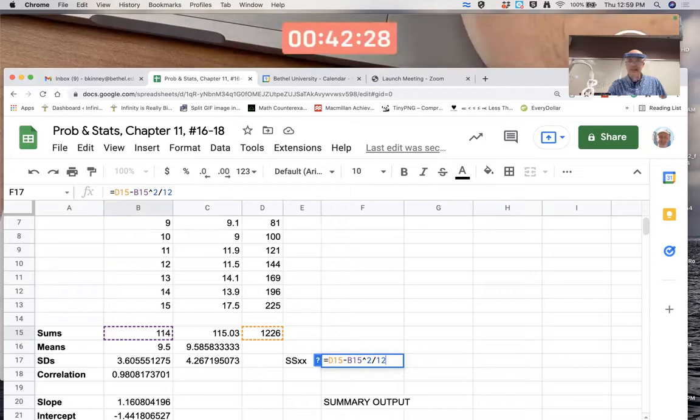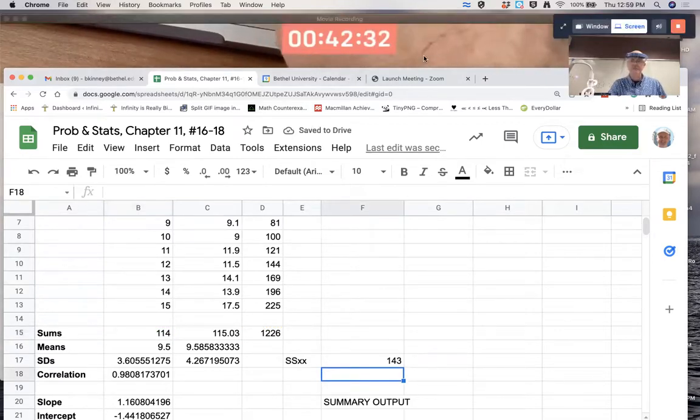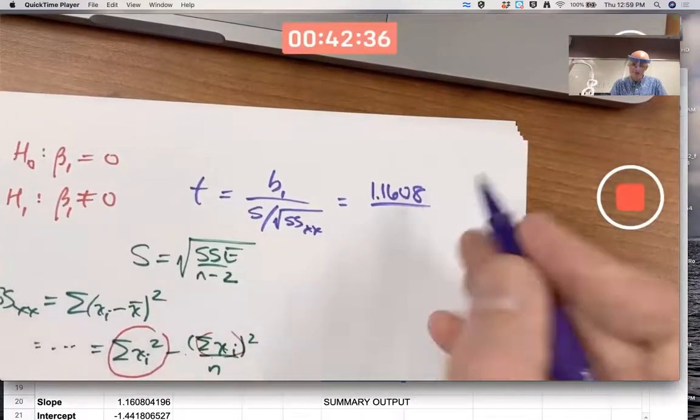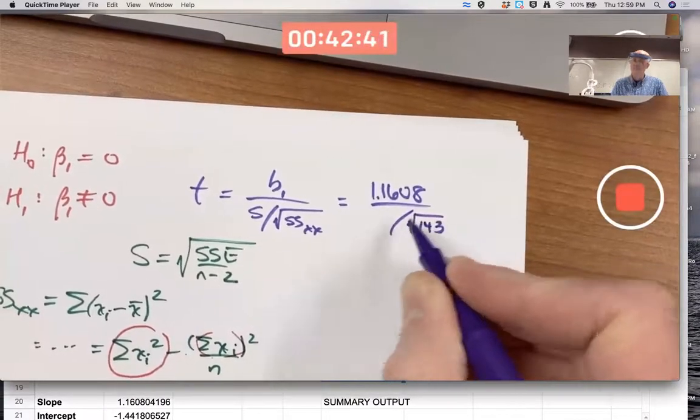So SSXX here is 143. Coming back to this formula, that means I'm going to have a square root of 143 in there.